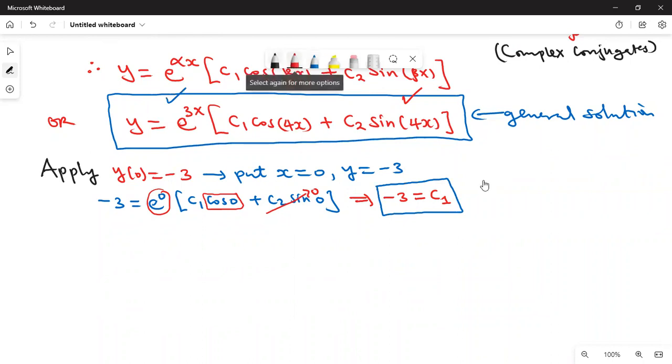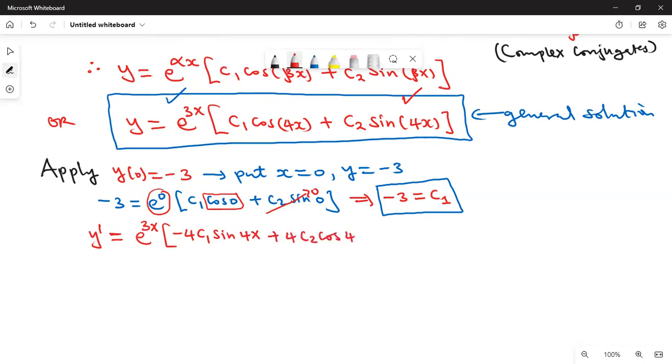If I differentiate, y prime, the same as dy/dx, is equal to exponential 3x times -4c1 sine 4x plus 4c2 cos 4x.